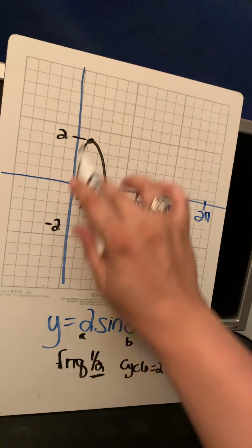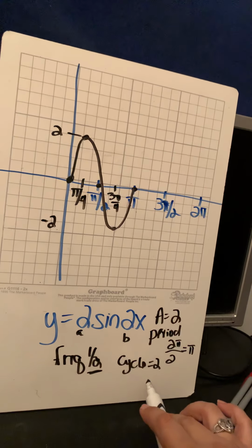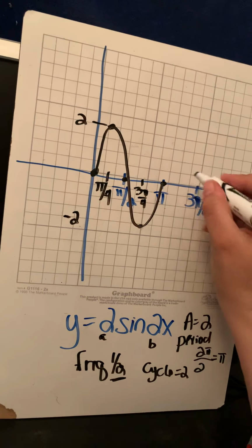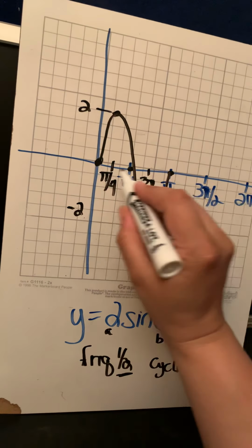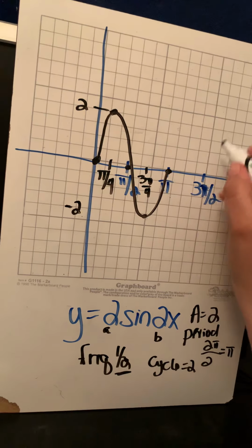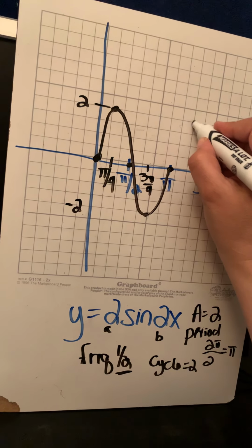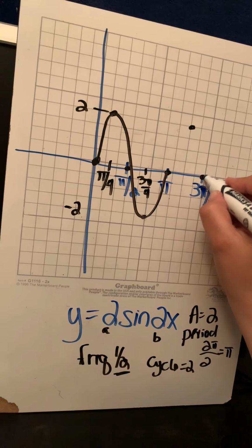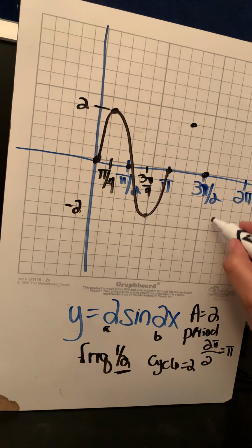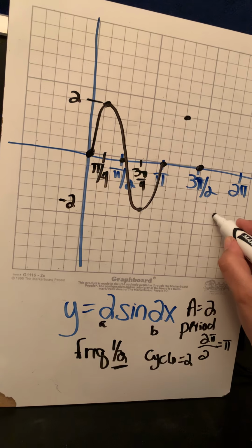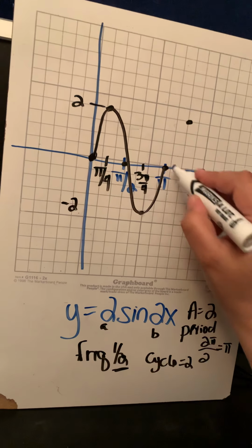So that means I'm going to have how many cycles to 2 pi? 2. So my next one, remember it's halfway in between these. So my next one is going to be halfway in between, so I'm just going to kind of spot it. And then I'm going to have an intercept. And I'm going to have another halfway in between. And then an intercept.